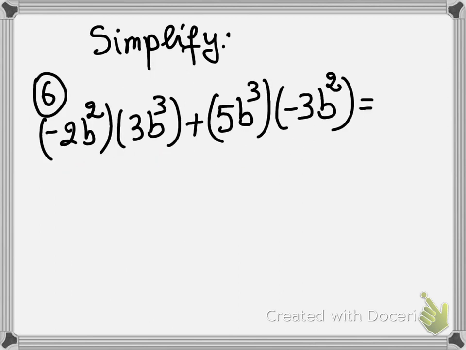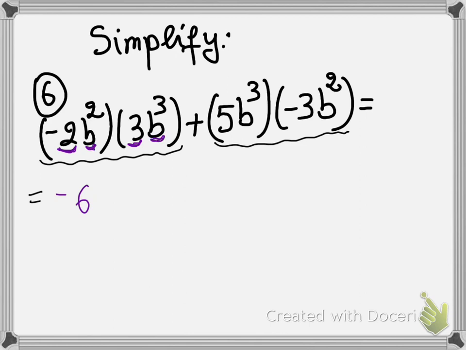In this other example, we're simplifying as well. So, recognize that we have two terms that we're adding. Let's simplify these one at a time. So the first term is negative 2 times 3 will give us negative 6.